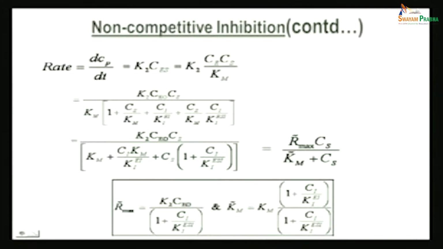R max tilde is always smaller. Why? Because Ci is larger than 0 and K ESI is larger than 0, so it's always smaller. But we cannot make such conclusive comments on Km tilde. The reason is that we cannot compare Ki and K ESI. So it depends on the relationship between Ki and K ESI. Depending on whichever is greater or smaller, you will have different kinds of relationships.